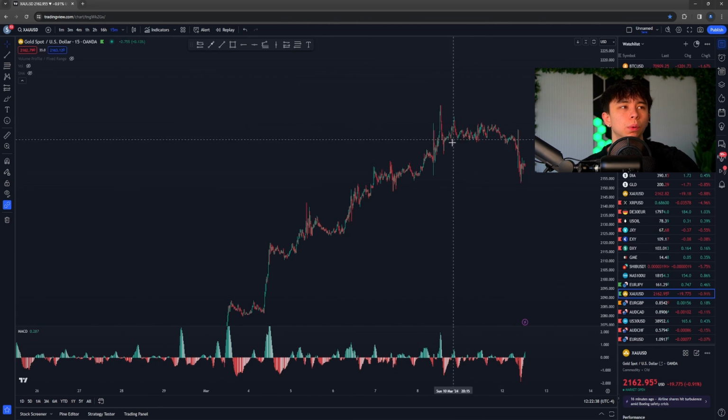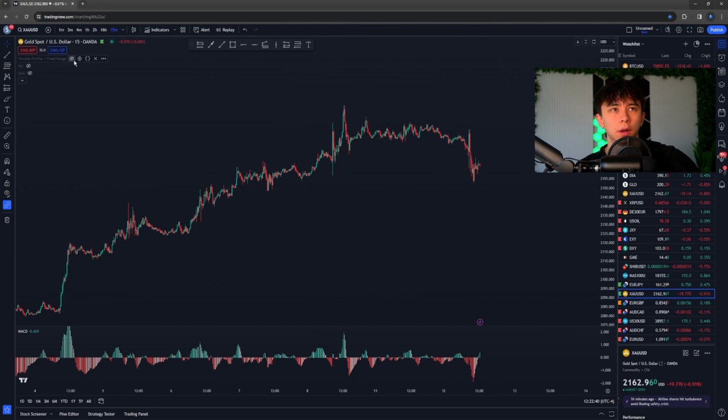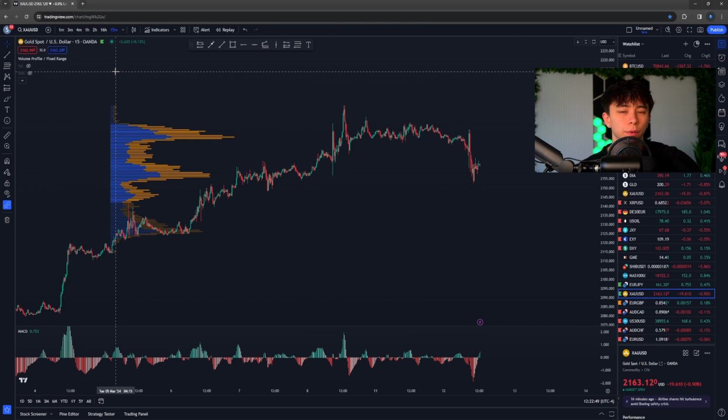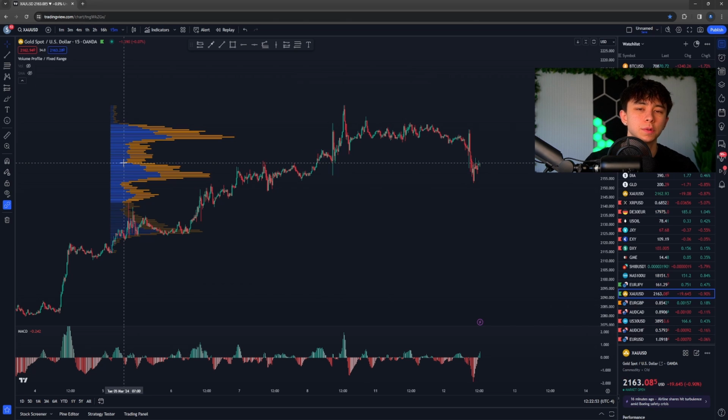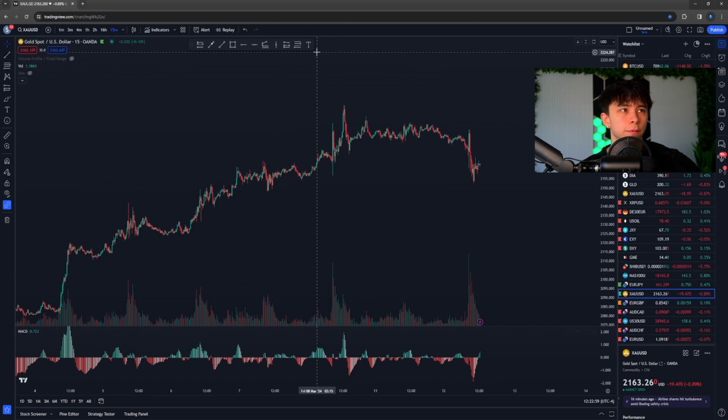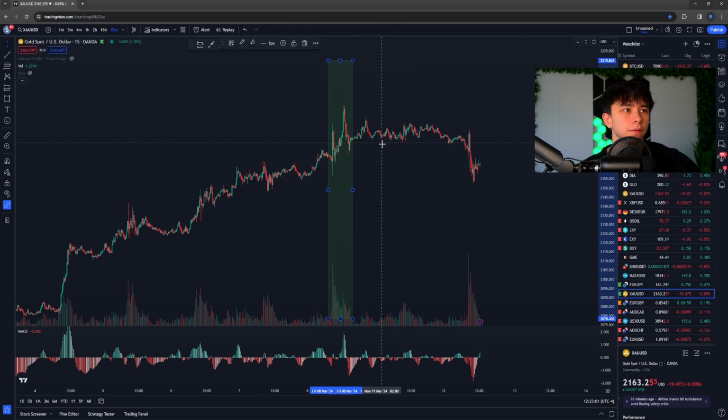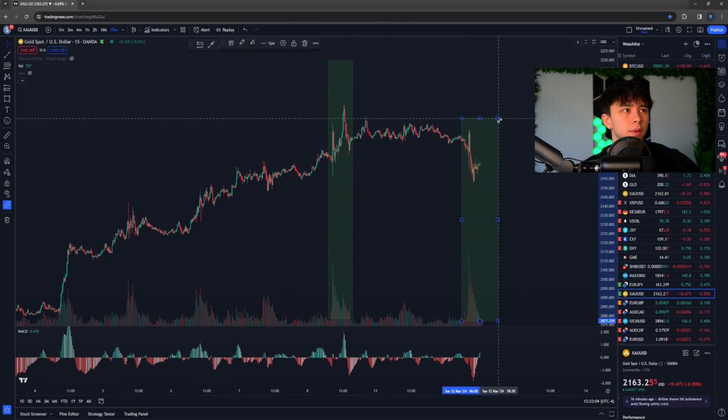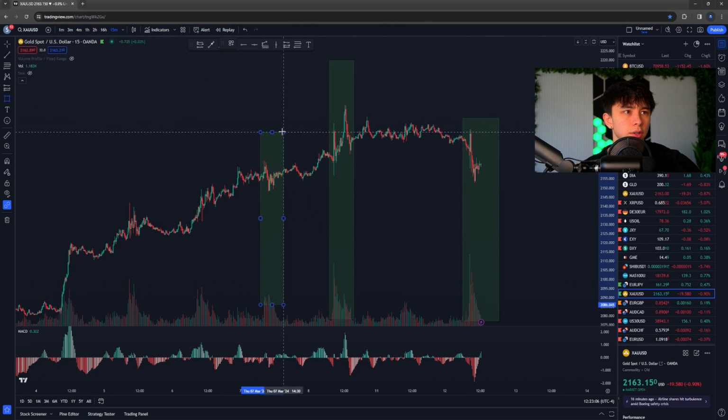So for example, this one isn't necessarily a confirmation, but it can help you a lot. If you add a volume profile, it's very good for a lot of traders who are starting to get to that intermediate level. Most people are always looking at volume as a vertical thing. Lots of volume in this section, lots of volume in this section, lots of volume in this section here.